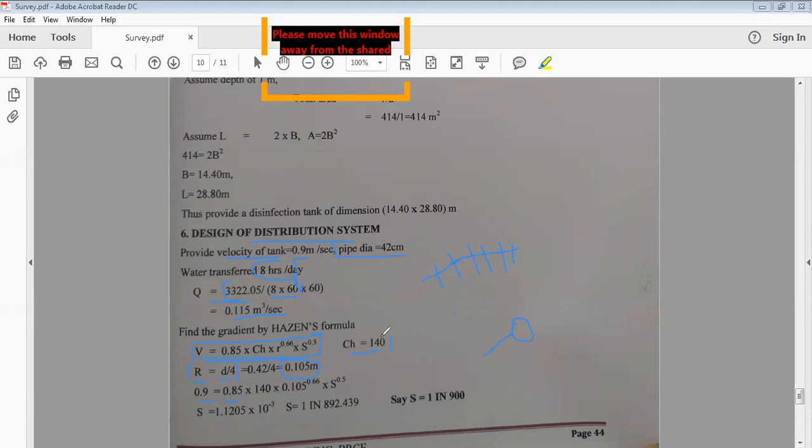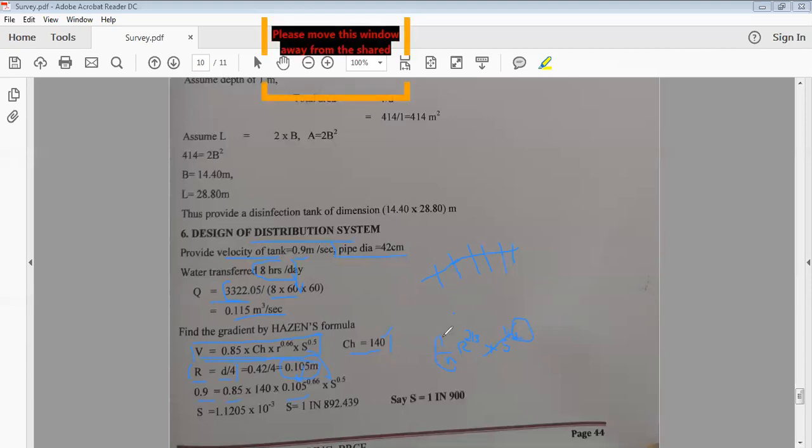The constant is 140, and you have just now found this R value. Actually, it's almost similar to Manning's formula, which is 1 by n, R raised to 2 by 3, into S raised to 1 by 2. So it's similar to that.